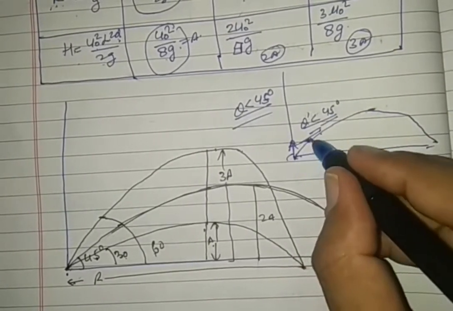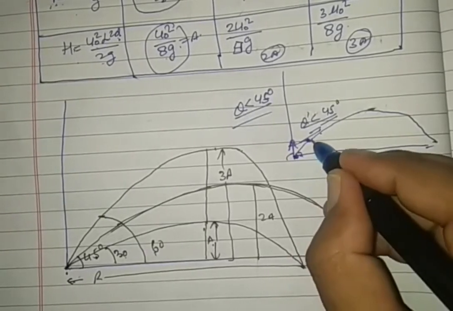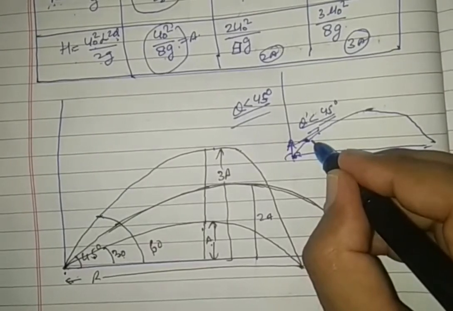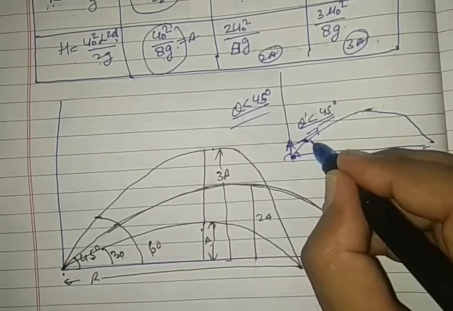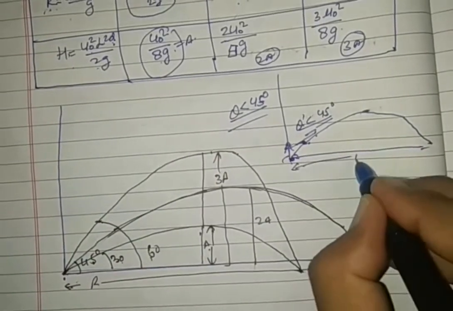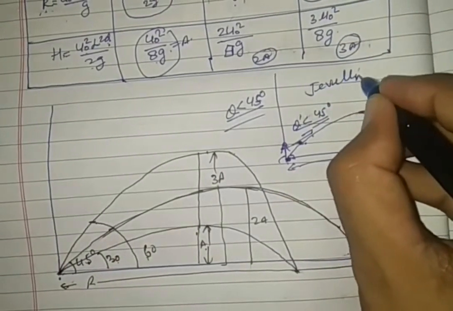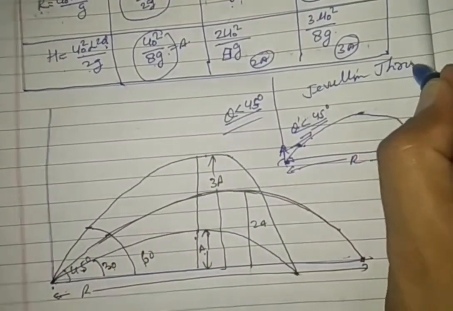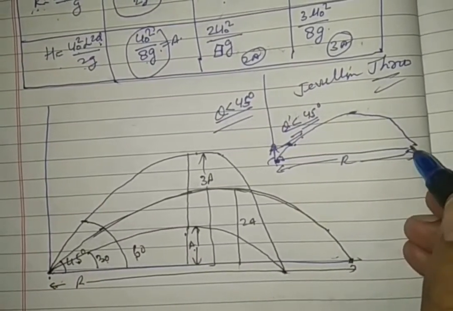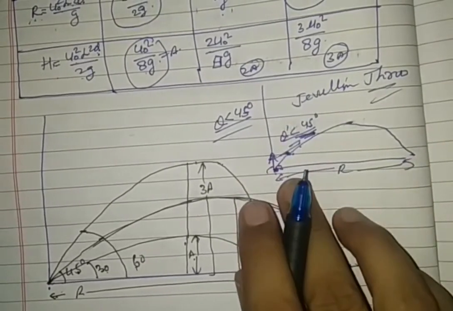So if you want to achieve maximum range in a javelin throw, a thrower must keep the throwing angle slightly less than 45 degree.